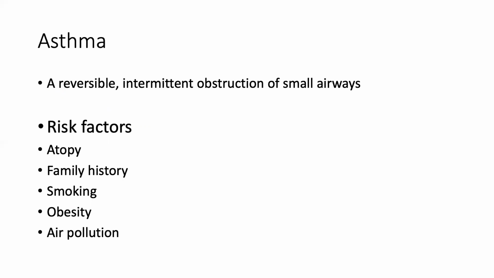It is intermittent, often on and off. It can be reversed by something. The risk factors of asthma: atopy, like allergy, family history, those people who smoke, those people who have high BMI, and of course, air pollution. They all play a role in asthma.